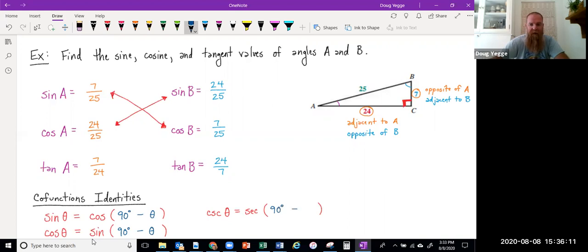So secant and cosecant are also cofunctions. And so if you were to look at that in terms of secant, that's equal to cosecant of 90 minus theta as well.